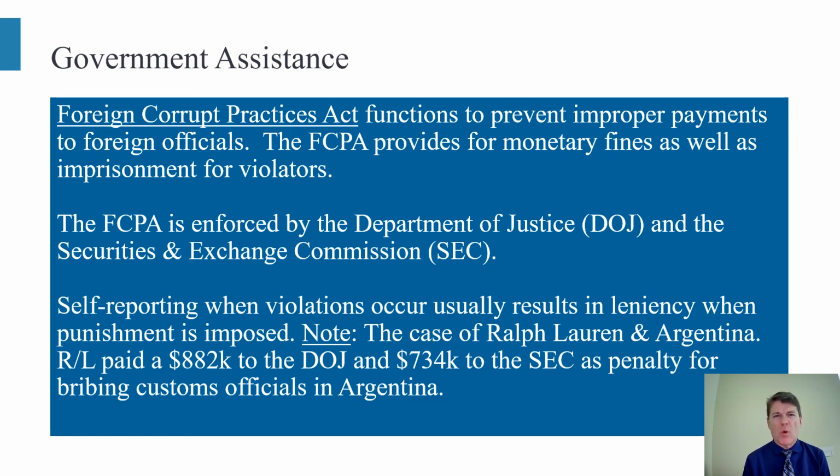The last thing you want is for the DOJ or the SEC to discover that a bribe occurred and that you tried to conceal it, because then you're really going to get hit hard in terms of sanctions or penalties. But as a matter of course, if you're a U.S. citizen or a company from the U.S. doing business outside the U.S., even if other competitors in other parts of the world are engaging in bribery, you are not allowed to do so.